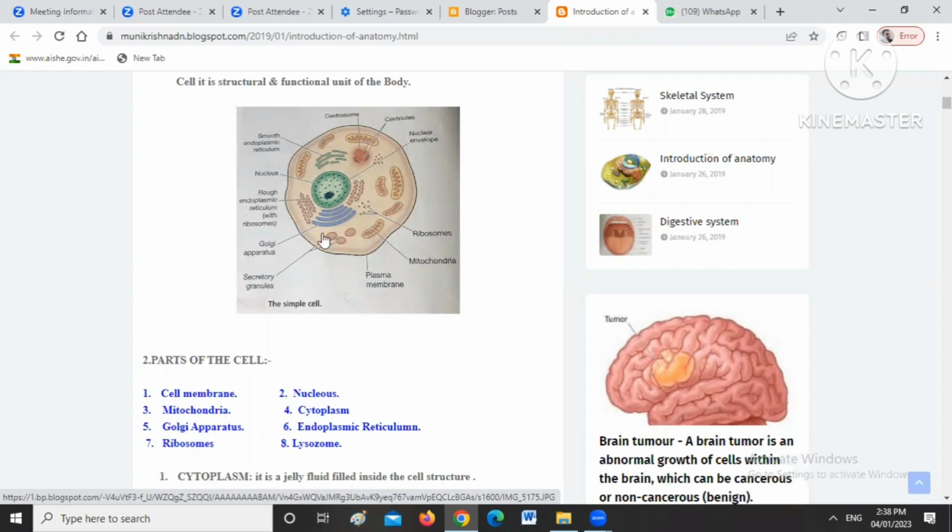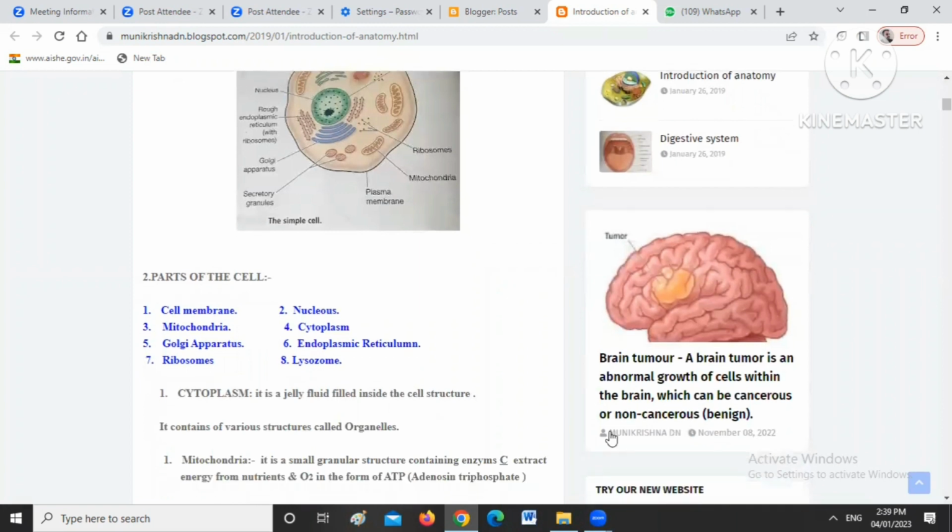This one, fluid. So what is cytoplasm? It is a jelly fluid filled inside the cell structure. Next, it contains various structural organelles.